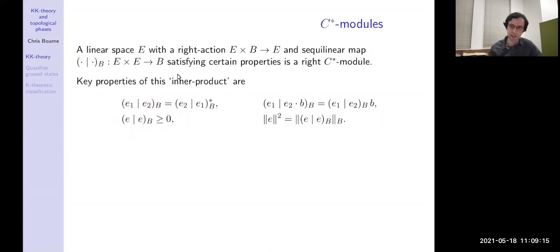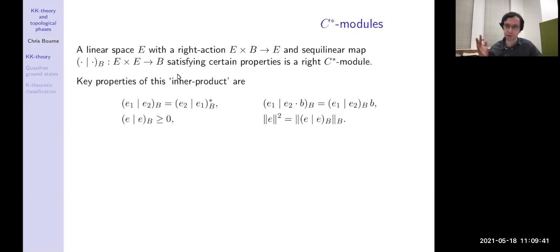The inner product of e with itself should be positive, where now positive means positive as an operator, so it should have positive spectrum. And I can use the fact that when I apply this inner product, I land in a C-star algebra, which comes with a norm. So that gives me a norm on this module, and it should be complete with respect to this norm.